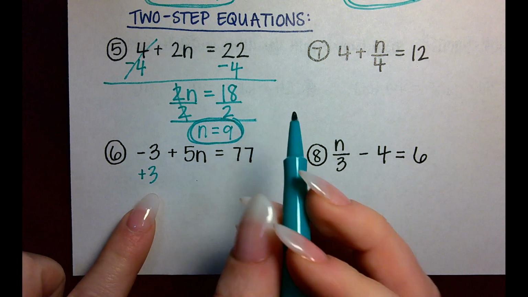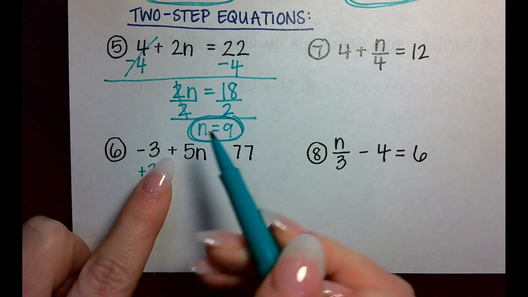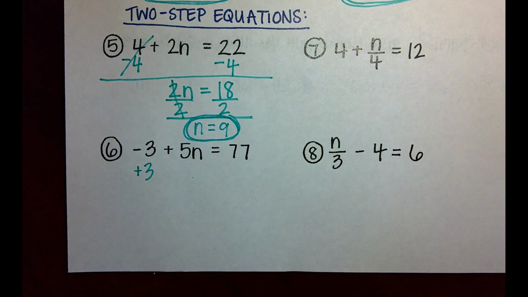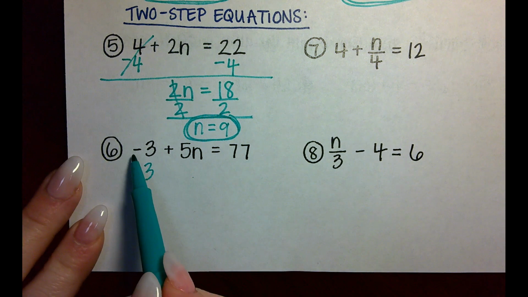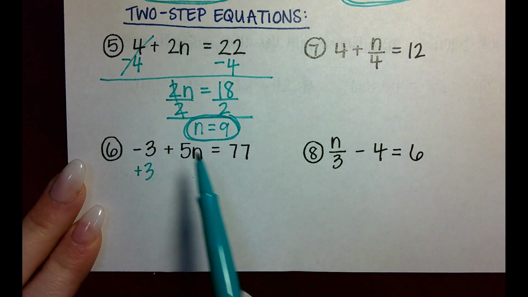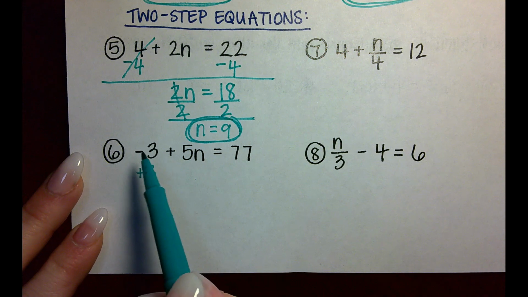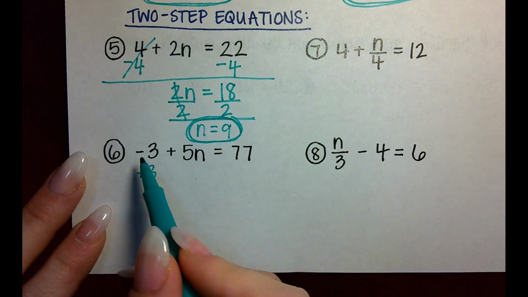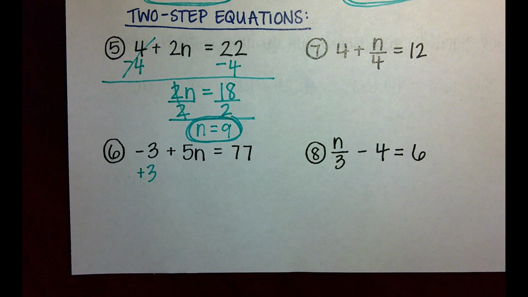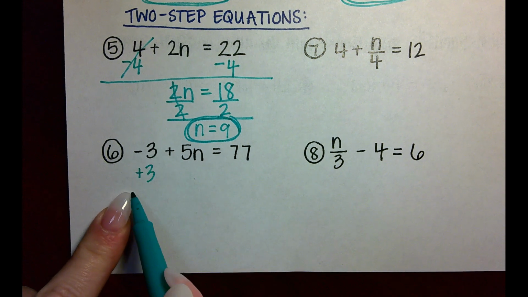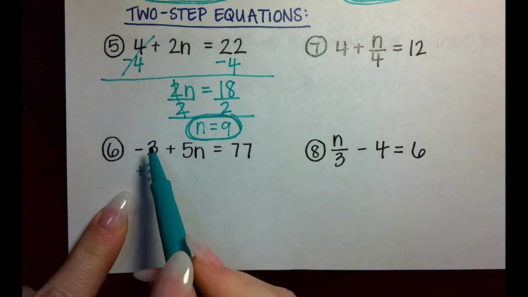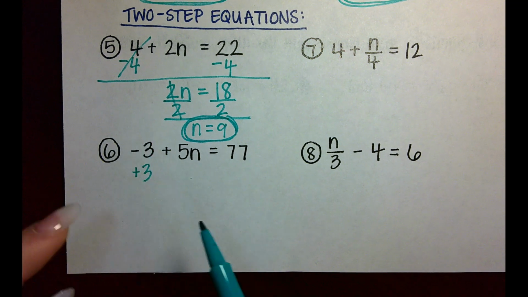Think of the plus sign as an and sign. I have -3 and I have 5 times n. If I want to get rid of -3, to go from -3 to 0 to get it to cancel, we would have to add 3 to it, right? So we're trying to get this gone. I want to get rid of -3.